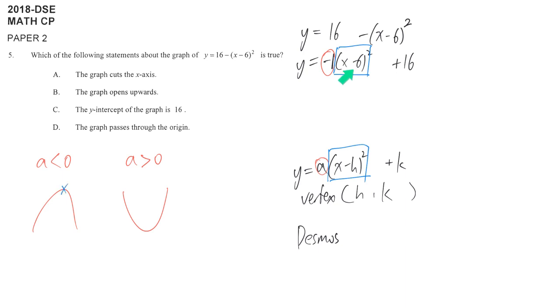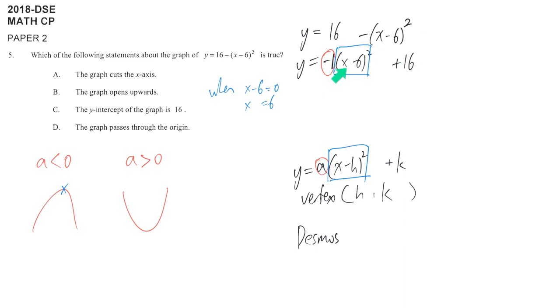When x minus 6 equals 0, x equals 6, the whole thing becomes maximum because we subtract the least. I repeat, this square must be a positive value because it's a square. When this square is 0, we subtract the least, so the final result is the largest compared with any other x.